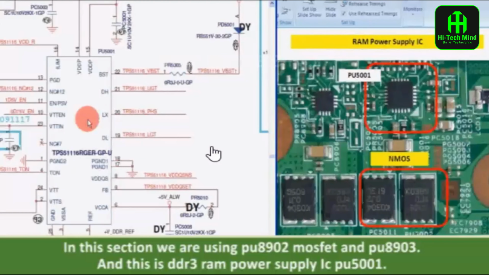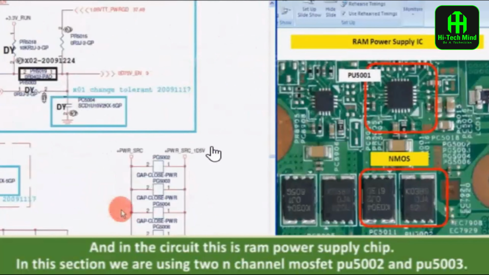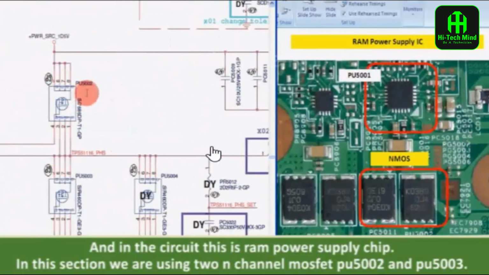And this is the DDR3 RAM power supply IC PU5001. And in the circuit, this is the RAM power supply chip. In this section, we are using 2 N-channel MOSFETs, PU5002 and PU5003.